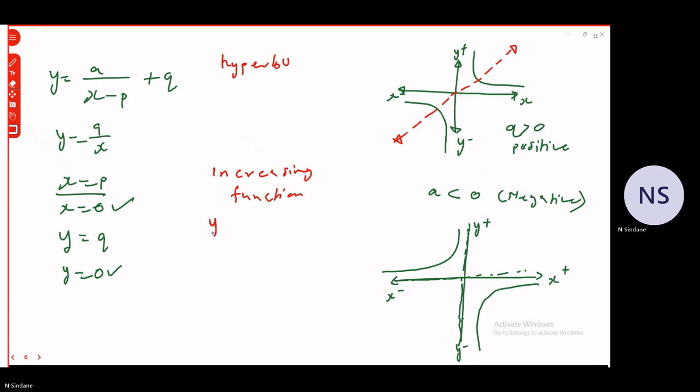And its formula is y is equal to x plus c1, right? Meaning the value of c1, you will calculate by using your equations of asymptote. The easier way of writing it is to say y is equal to x minus p plus q.